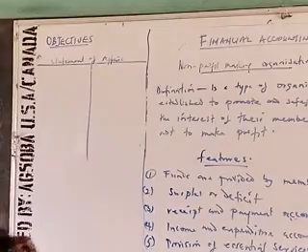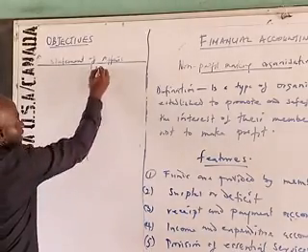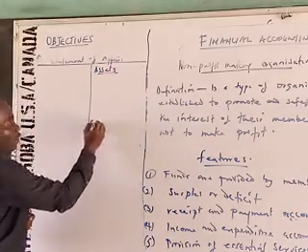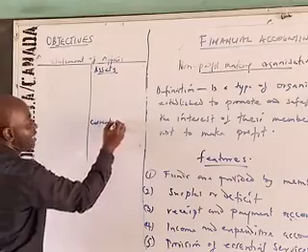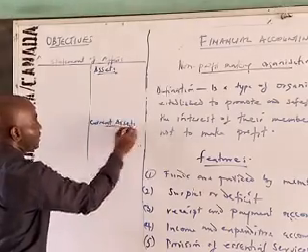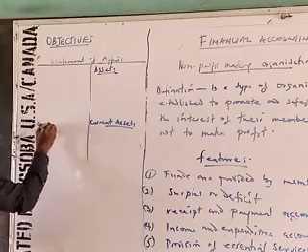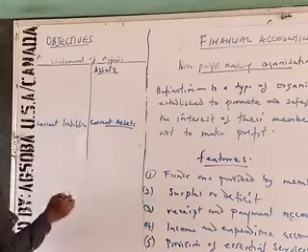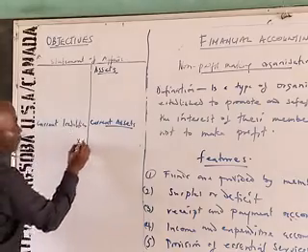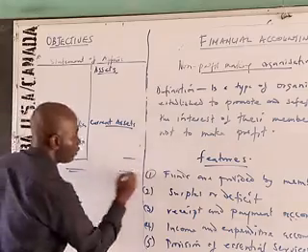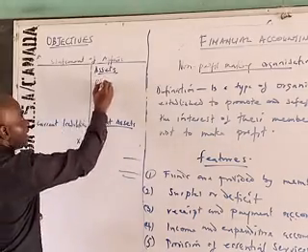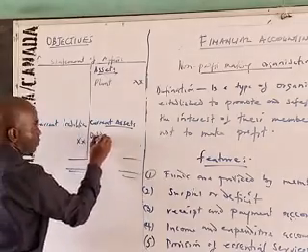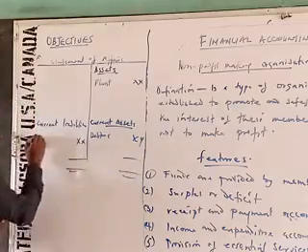On the statement of affairs, your assets will be on this side. You have your current liability on this side. And you have those information. I will only give one example each: grants, debtors, creditors.